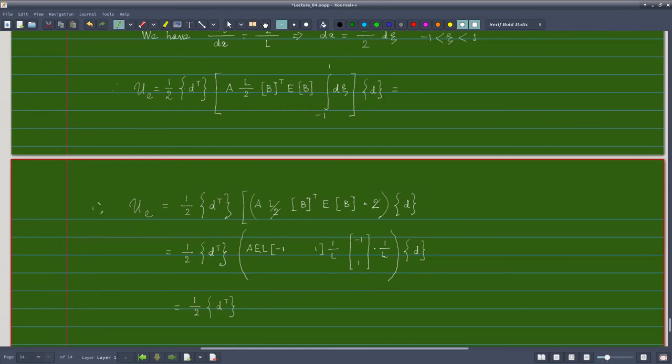I have AEL divided by L square, so I have AE by L, and this matrix multiplication: minus 1 into minus 1 is 1, minus 1 into 1 is minus 1, then minus 1 into 1 is minus 1, and this is again 1 into 1 is 1. So this into D.